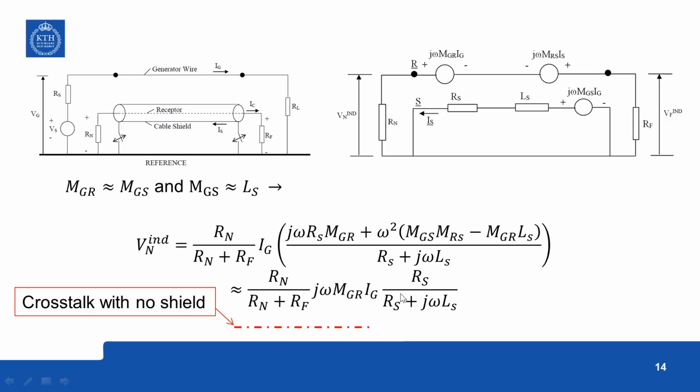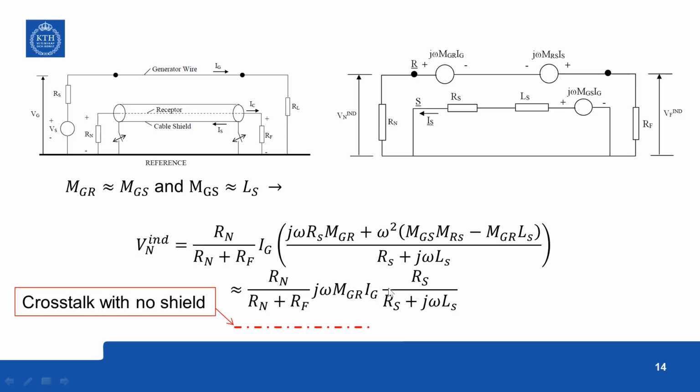We can see that. This part is crosstalk with no shield at all, or shield open circuited, and this part comes only when there is a shield current or when there is a shield. So this is the modification of the crosstalk due to this.